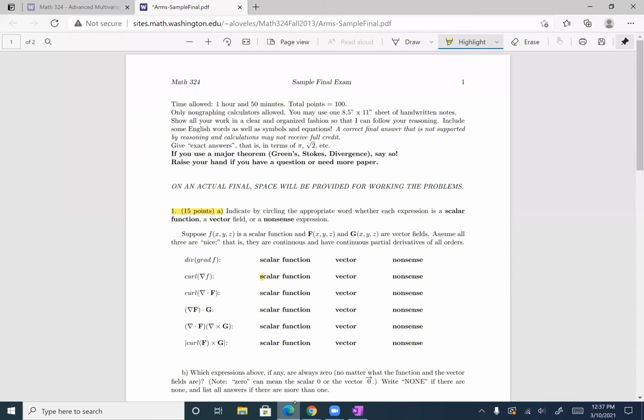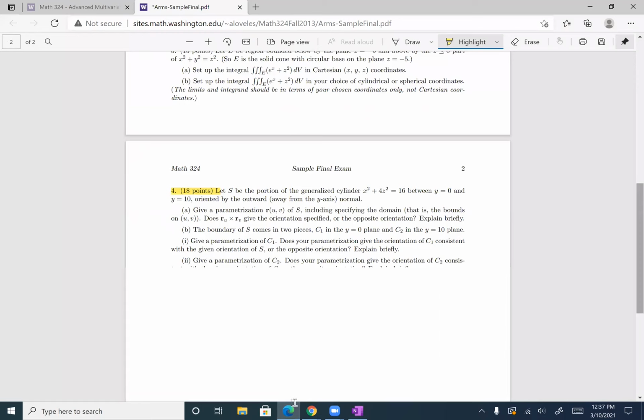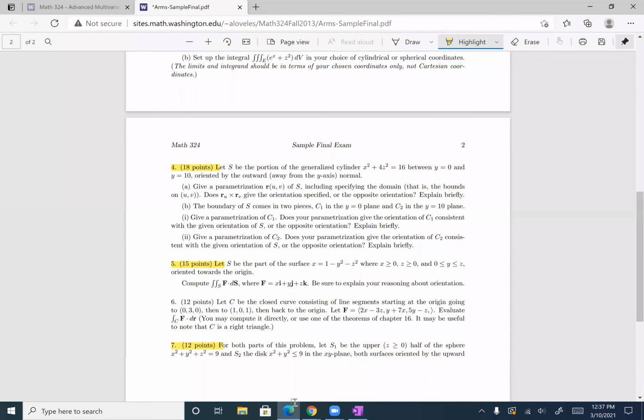So right now I'm on Judith Arm's old final exam. So I think I had a few questions here. They're pretty good. Let me just go through number 7. There's a nice subtlety here for number 7 that I just want to briefly talk about.